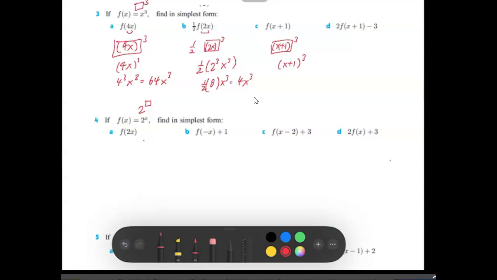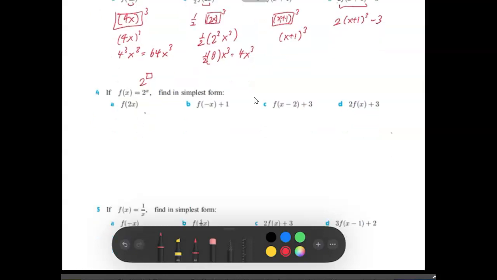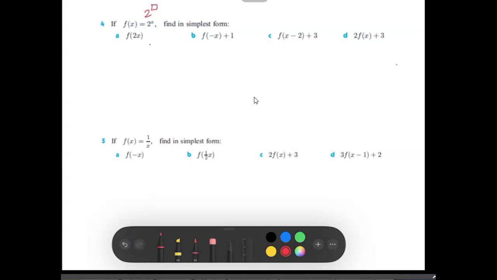In the next one, we got the same thing on the inside, so it would just be x plus 1 cubed, but then we also multiply it times 2 on the outside and subtract 3. And if you wanted to, you could do a binomial expansion of that, but I don't think that really makes it simpler. It doesn't ask us to expand, so.